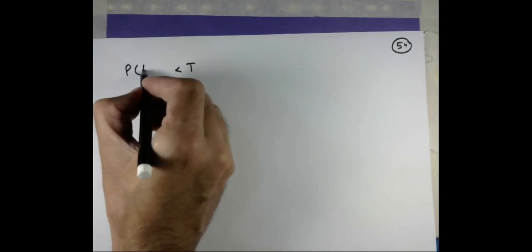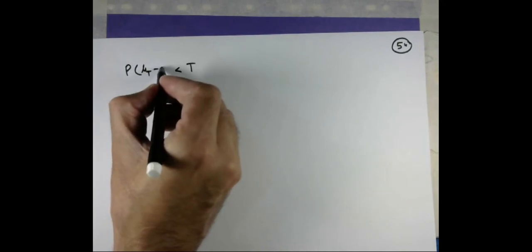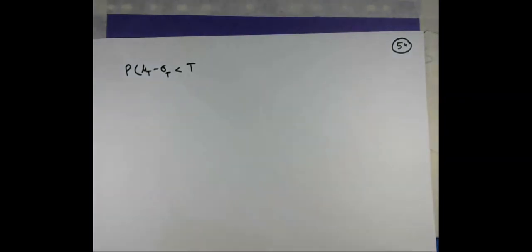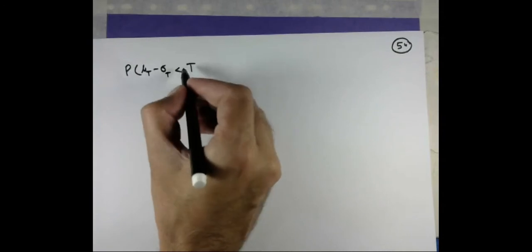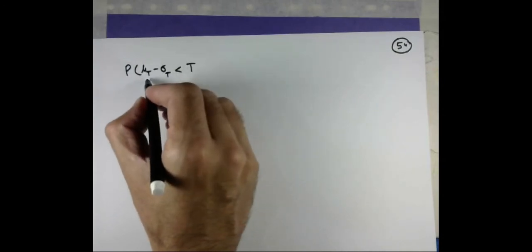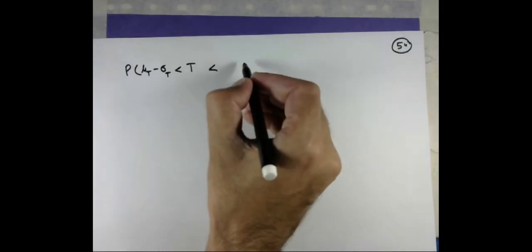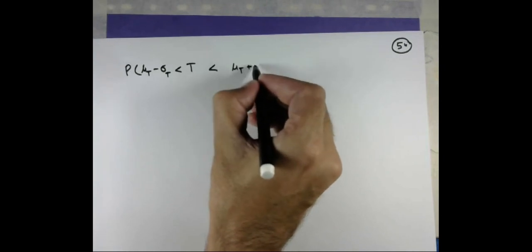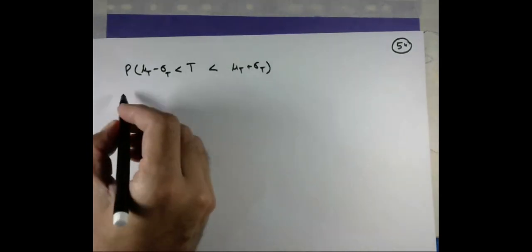So the mean value is mu sub t, and the standard deviation is sigma sub t, and what is the probability that t is greater than this and less than mu sub t plus sigma sub t.